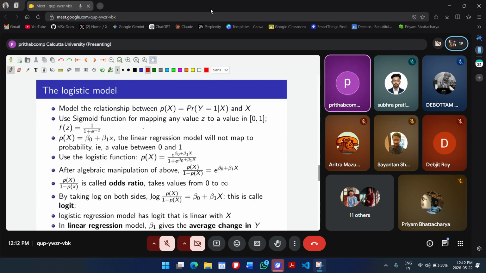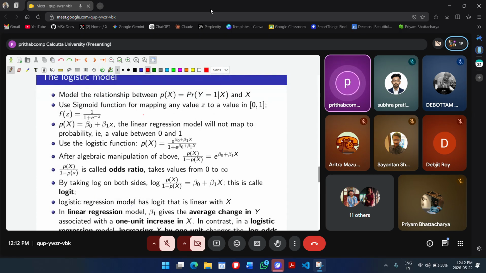The logistic regression model has a logit. This particular expression is called logit, and it is linear in x. So the log of the odds ratio is actually linear, because it can be represented as beta 0 plus beta 1 x.